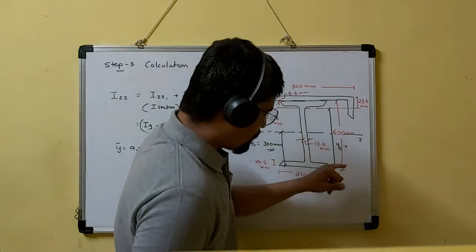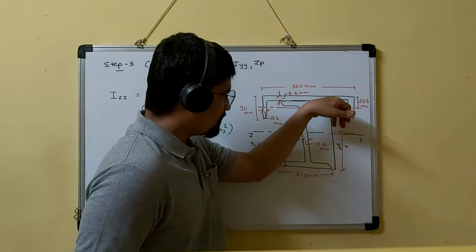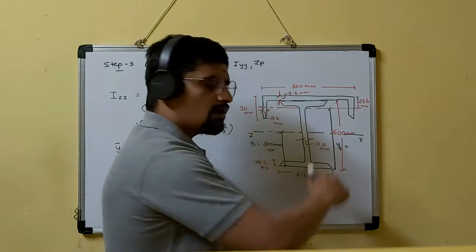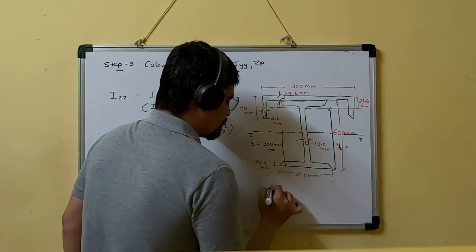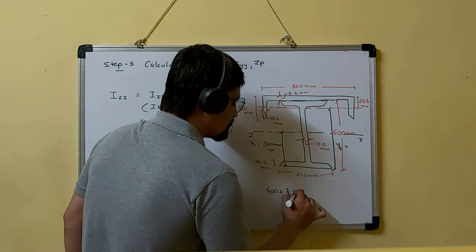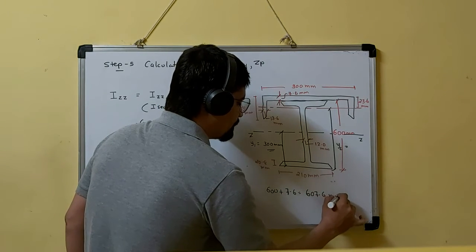From here to here it is 600 plus 7.6 of the web thickness. So the total height will be 600 plus 7.6, which is 607.6 mm.